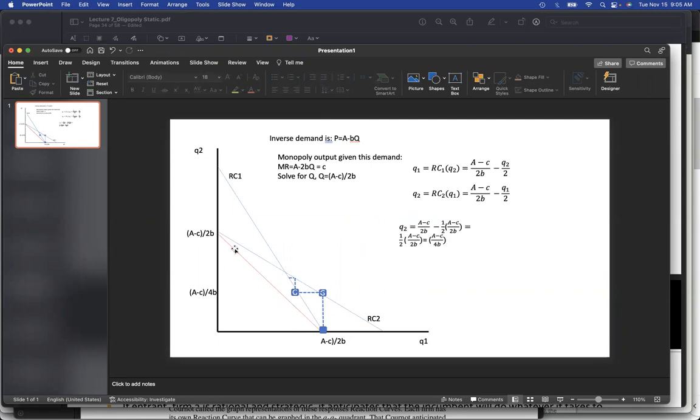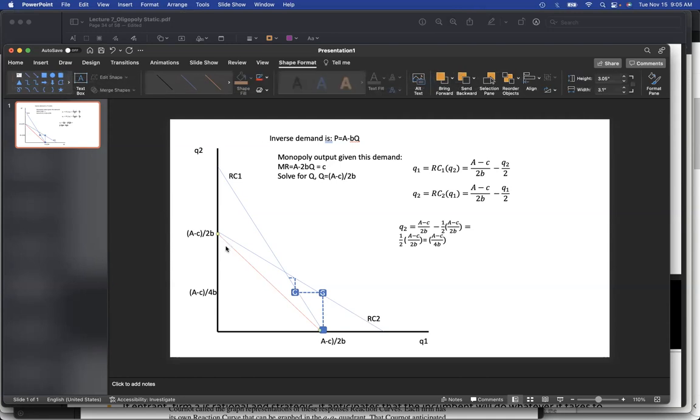Do you know the concept of a convex combination, or average, in a 2x2 space or an n-by-n space? Basically, this line is combinations of the two monopoly outputs. So in the middle, it's half Q1 and half Q2. This line represents the total output of monopoly, just split between firm 1 and firm 2.